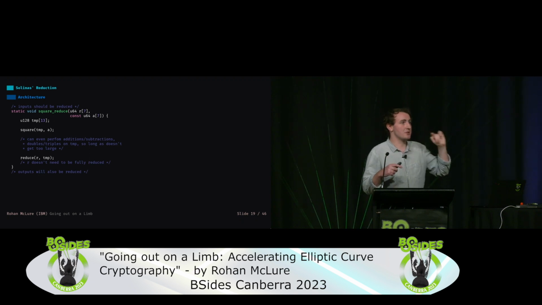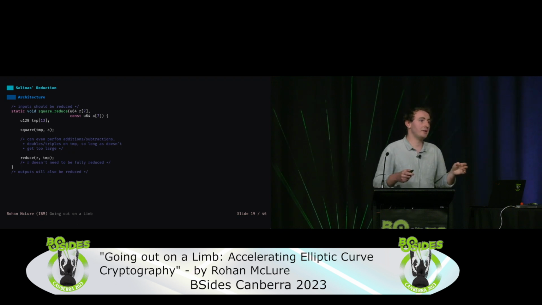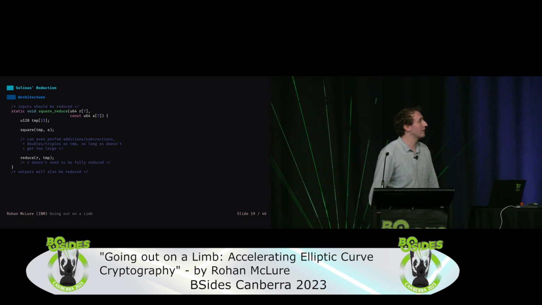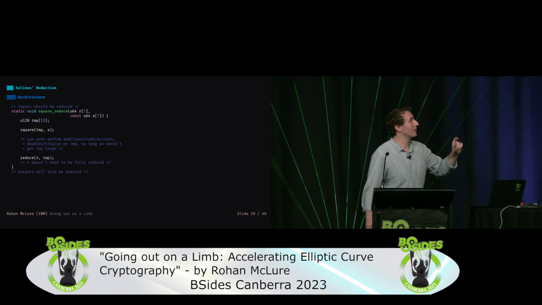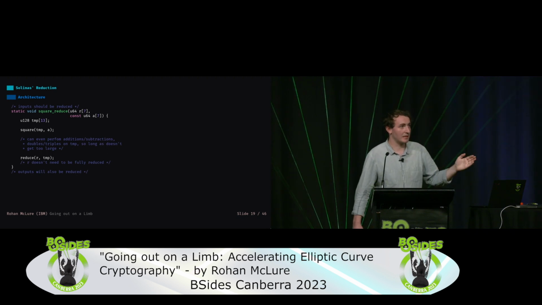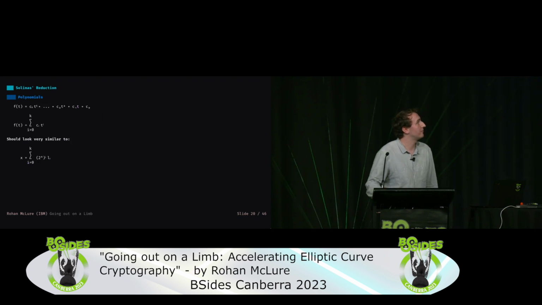We can then do some operation like a square or like an addition, something which could possibly overflow and pad out into these larger 128-bit limbs. And so long as we're able to reduce the final state of temp, then we can now arbitrarily compose these square reduce kernels or something similar.